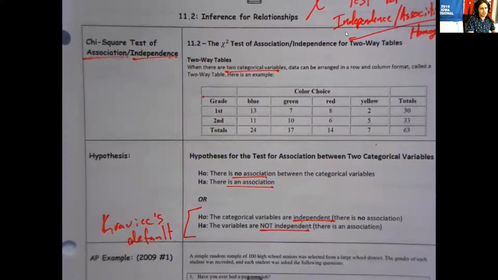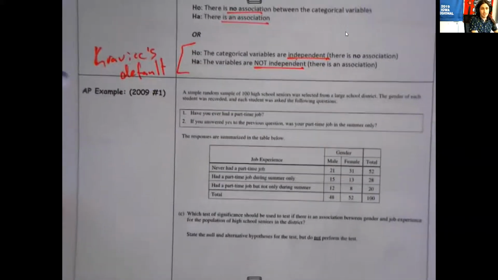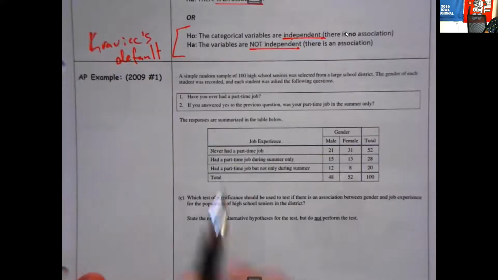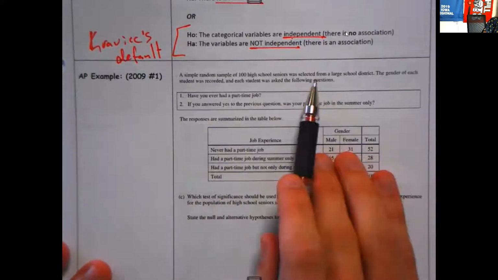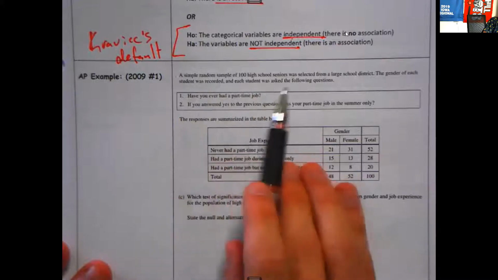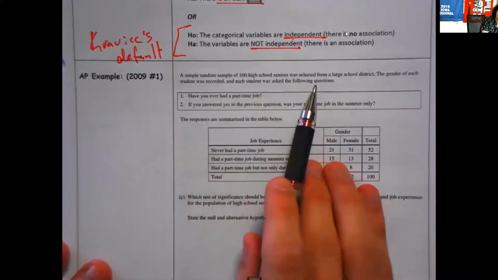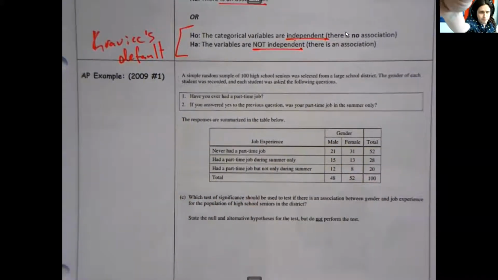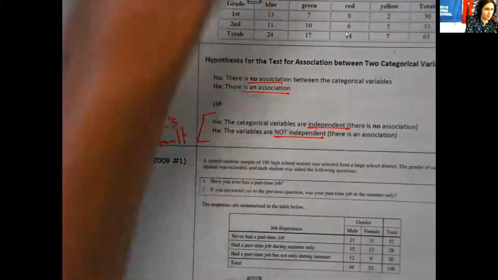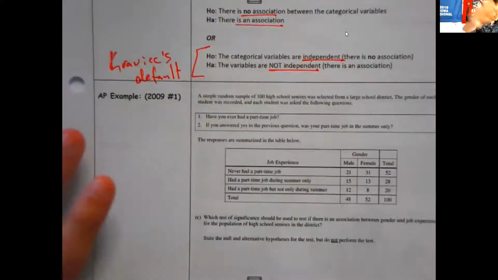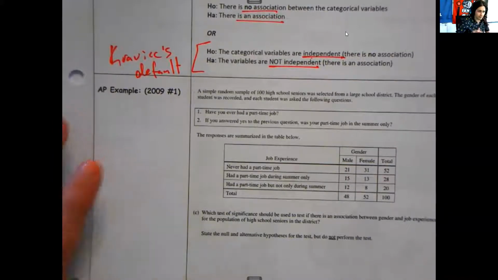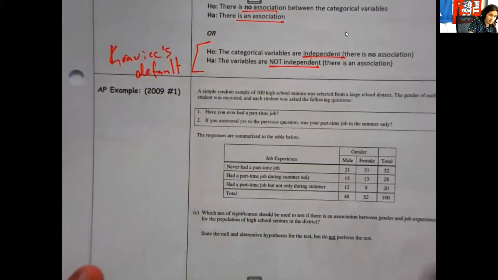So here's a question. We've seen part A and B for this question before. A random sample of 100 high school students was selected from a large school district. Gender was recorded, and each student was asked the following questions. If you're at a part-time job, and if you answered yes to the following question, was your part-time job in the summer only? So fine, we've seen this before.